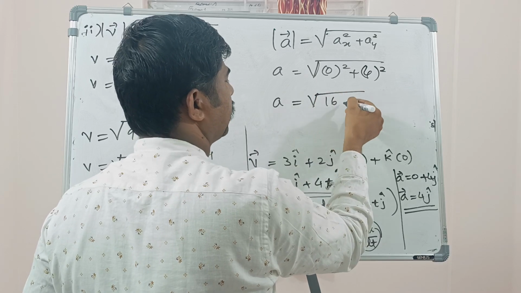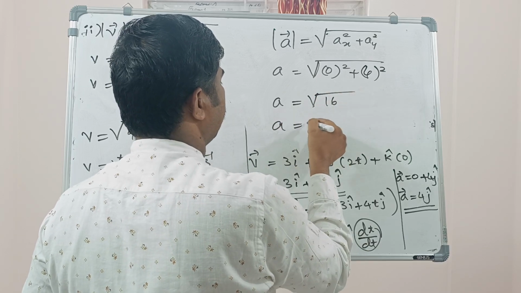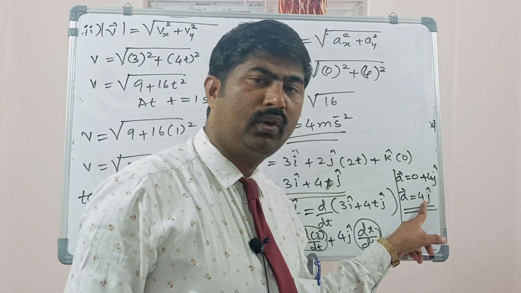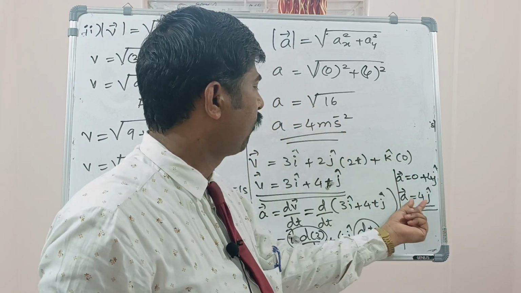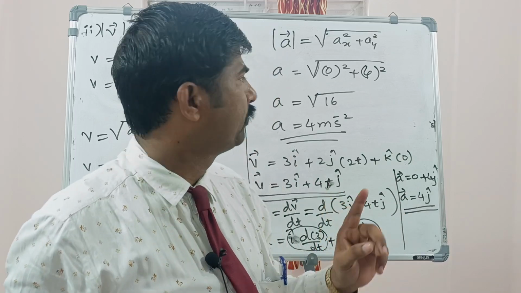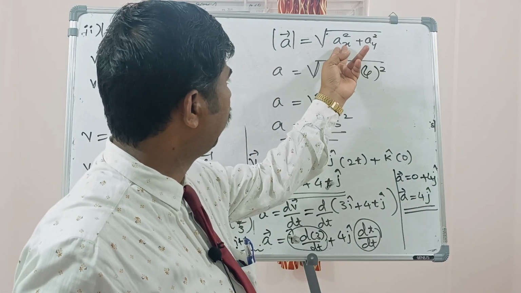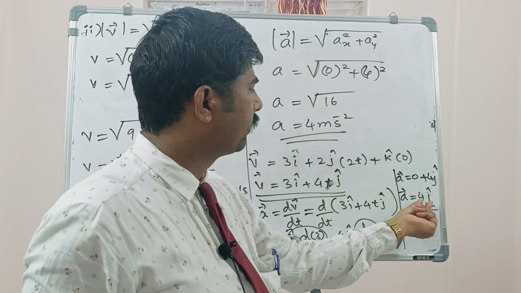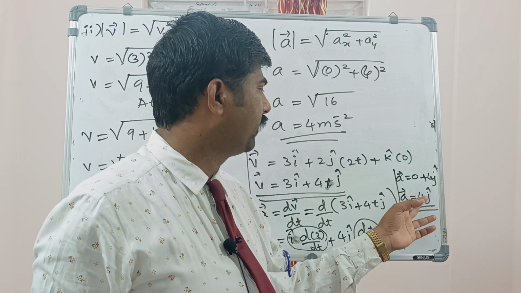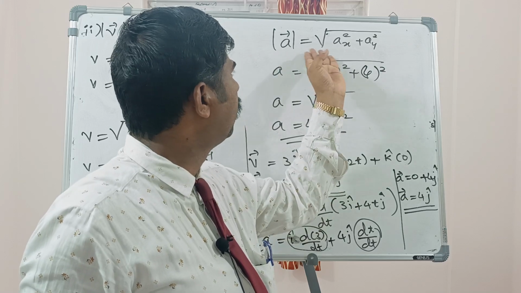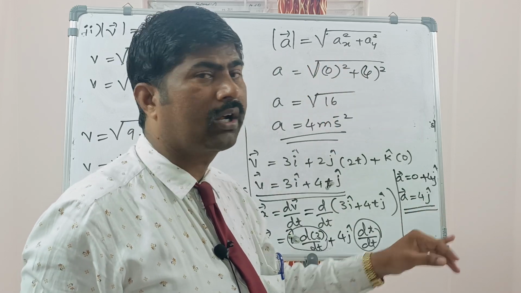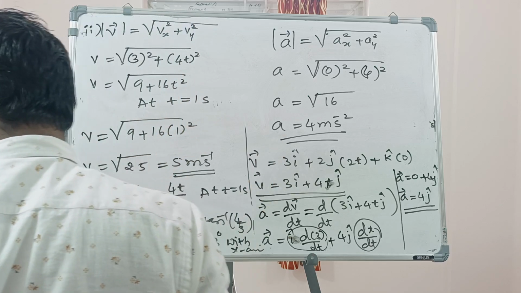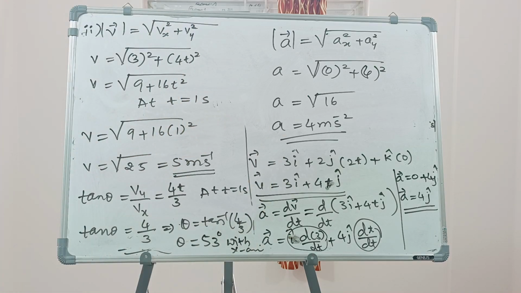You will get 16 again, then the square root of 16 is 4 meter per square second. If there is only one component, no need to go for that. Directly you write the answer, 4 meter per square second, right? To represent that, I have taken ax square plus ay square to show you. Again you will get 4 only. If there are two components, then definitely we can go for the magnitude, and otherwise if there is only one component, that itself is the answer. So the acceleration is equal to 4 meter per second square.